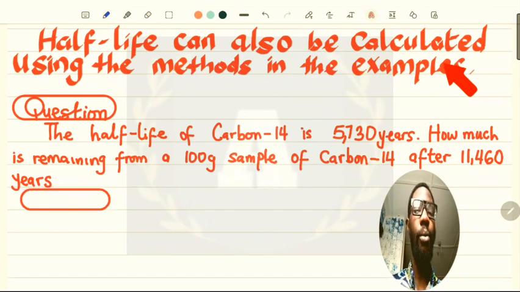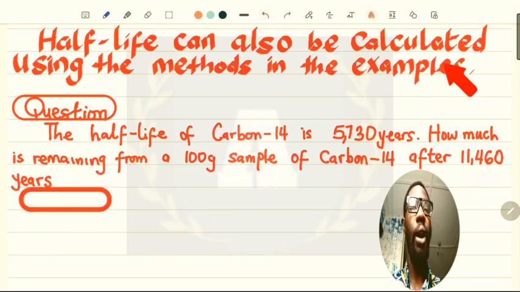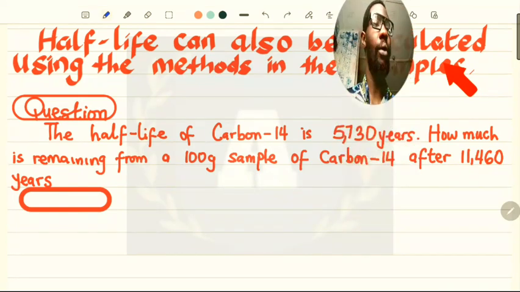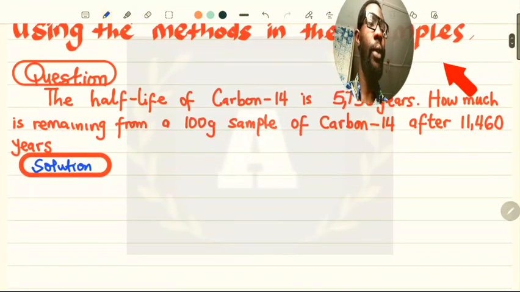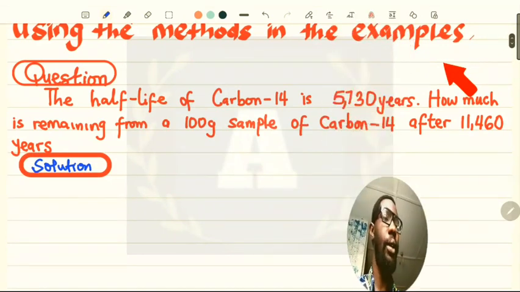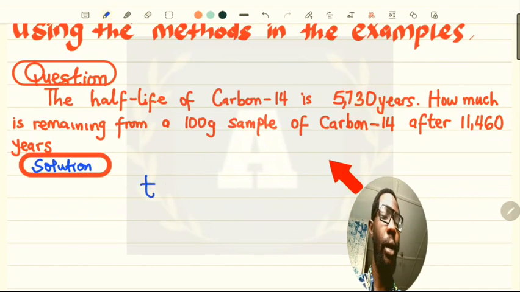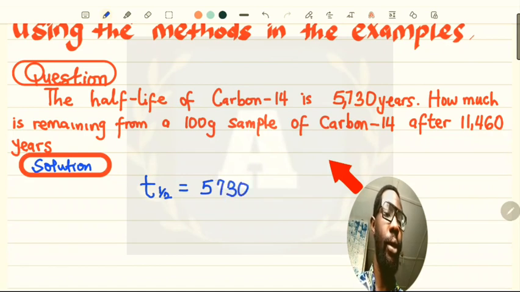How much is remaining? So how do we unravel a question of this nature? Now, the solution. They said the half-life of carbon-14 is 5,730 years. So let's write that down. The half-life is 5,730 years.